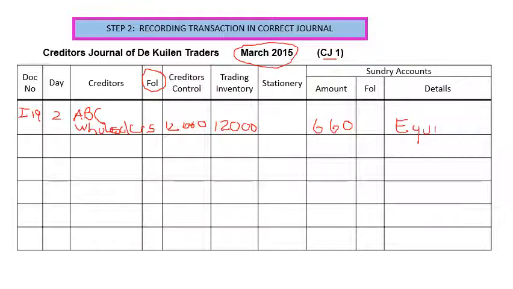So step 1 of credit purchases is that you have to complete an invoice. Sometimes you need to complete it, sometimes we will give you a completed invoice, sometimes you will get the transaction in words. Step 2 is recording in the creditors journal, and that is what your homework will be.